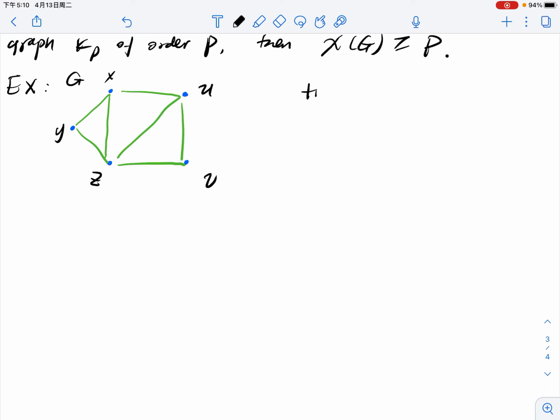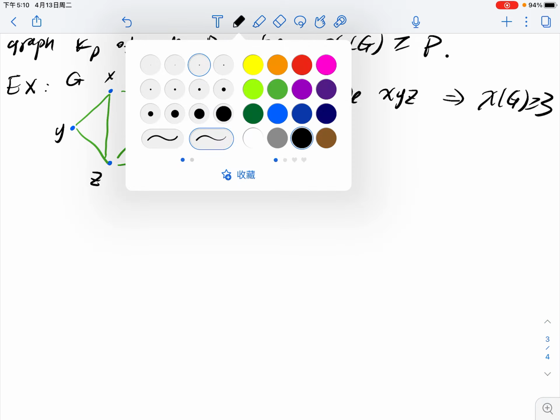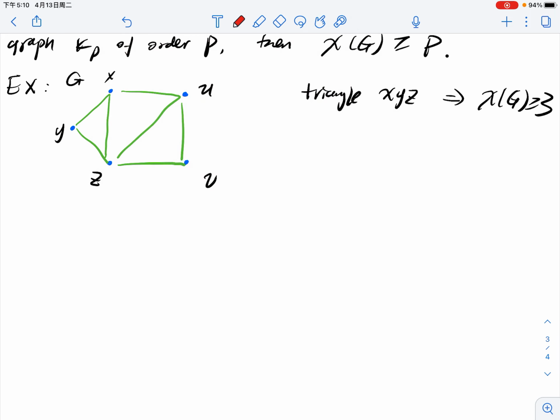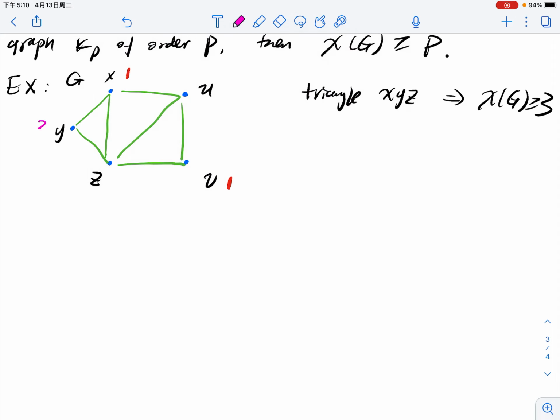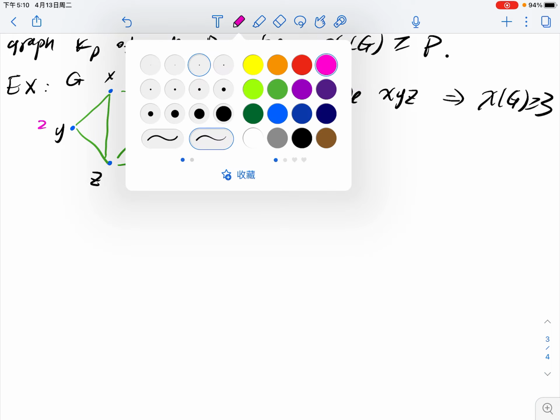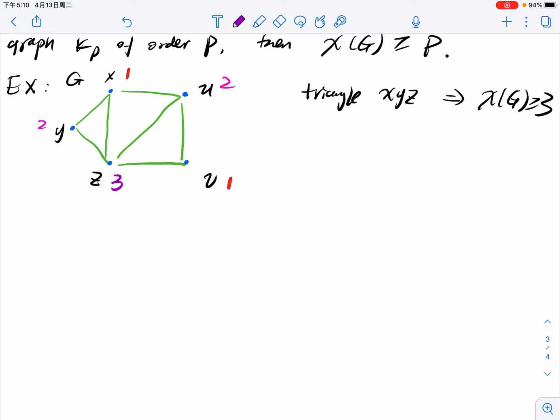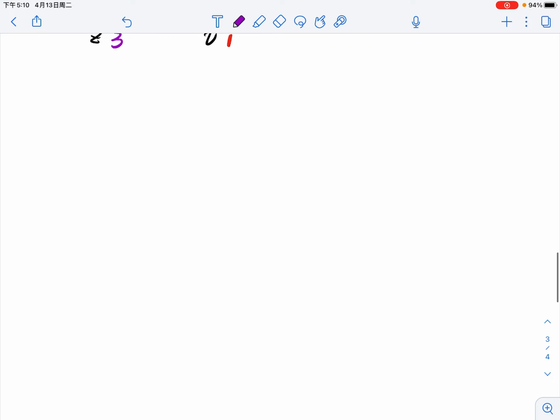So because we have triangle x, y, z, then chromatic number of G is at least 3. Okay, on the other hand, we can use 3 colors to color the graph.